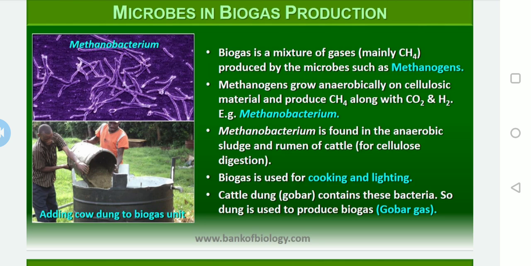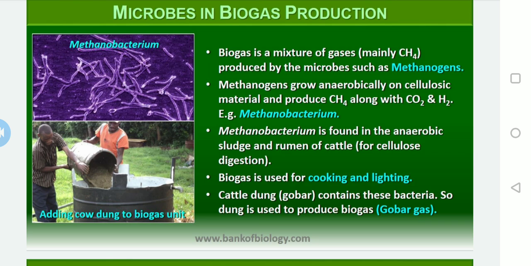Methanobacterium is found in the anaerobic sludge and in the rumen of cattle, where it helps in cellulose digestion. The biogas is used for cooking and lighting. Cattle dung, gobar gas, contains these bacteria, so that dung is used to produce biogas. It is also known as gobar gas.